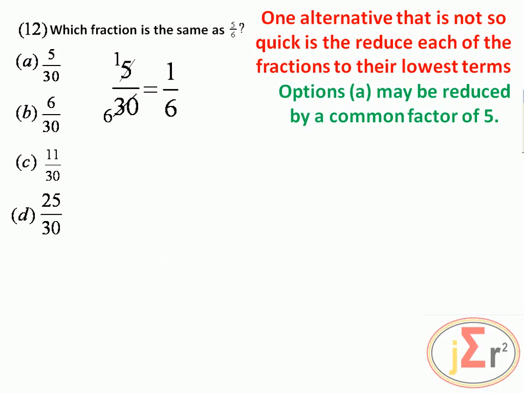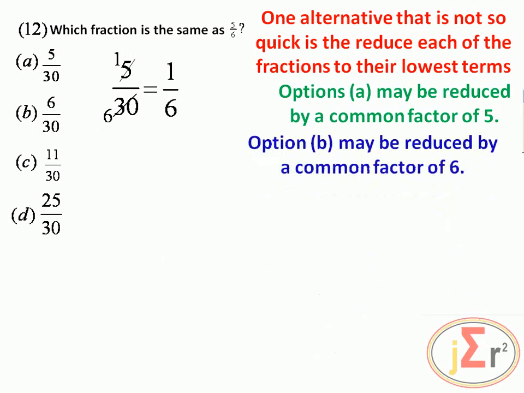Our answer will therefore be 1/6, which is not correct. Option B may be reduced by a common factor of 6. So 6 into 6 is 1, and 6 into 30 is 5. So the result will be 1/5.